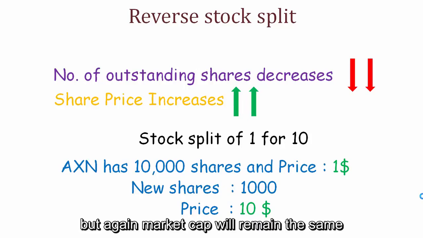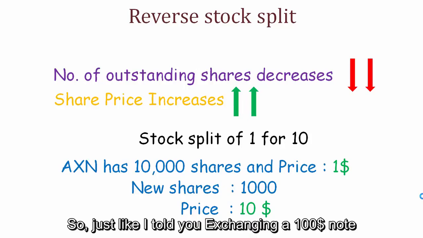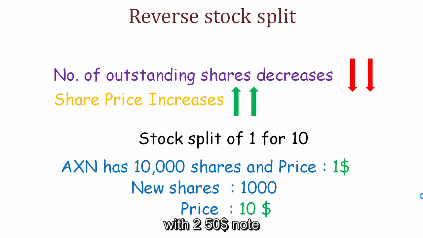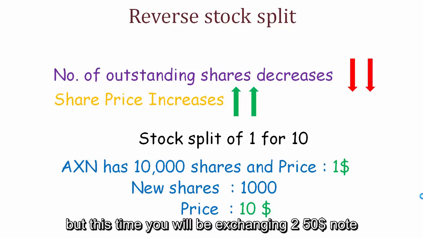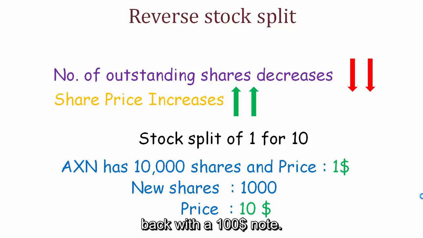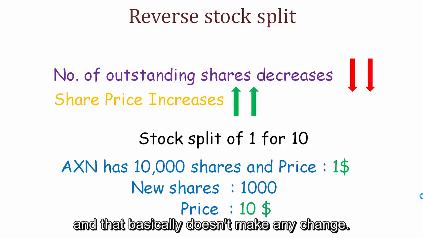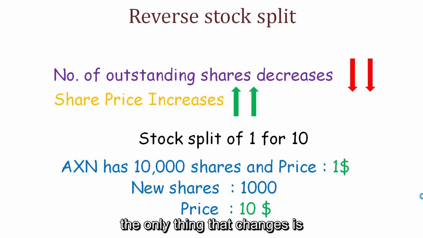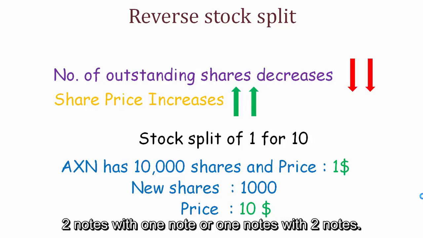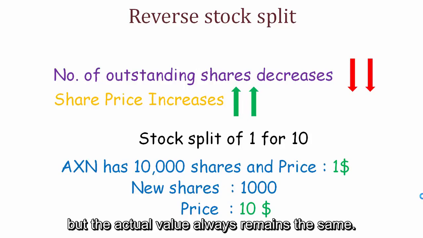But again, the market cap will remain the same. Just like I told you about exchanging a $100 note for two $50 notes, this time you will be exchanging two $50 notes back for a $100 note. And that basically doesn't make any change. The only thing that changes is you are exchanging two notes for one note or one note for two notes, but the actual value always remains the same.